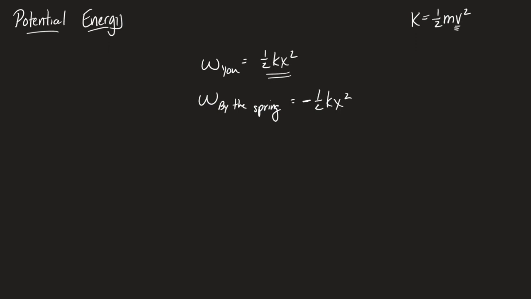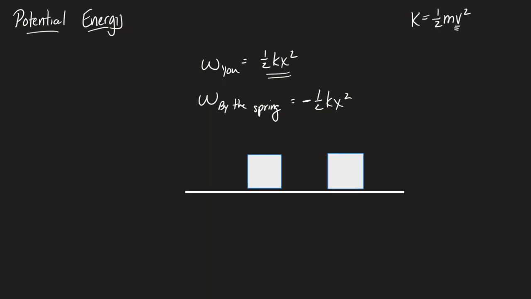The block, which was pushed up against the spring, started somewhere over here, and after a force was applied to it, ended up over here, compressing the spring. Something like that.